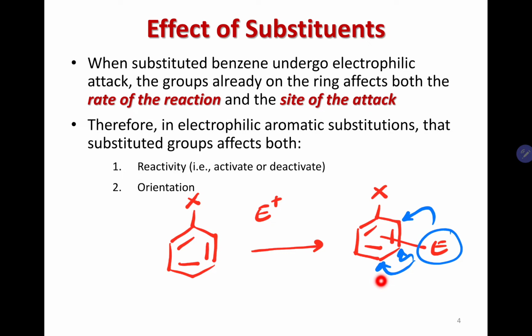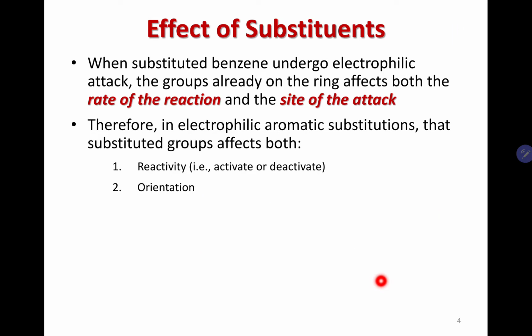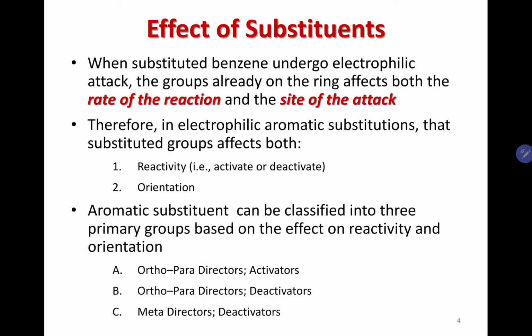It can impact the rate of the reaction, or it can determine the site of attack, or we can say orientation. Okay, so based on these two things, the electrophilic substituent effect can vary. Okay, so based on reactivity and orientation, there are three classes of substituents. Okay, so aromatic substituents that are already present on the benzene could be divided into three primary categories.